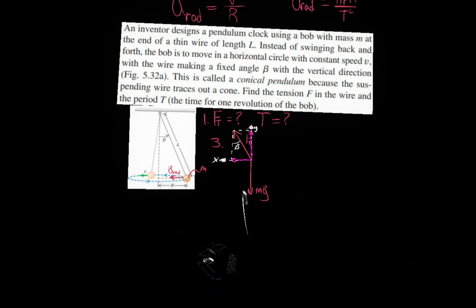So if that's beta, then this here must be F_T sine beta, and this must be F_T cosine beta.